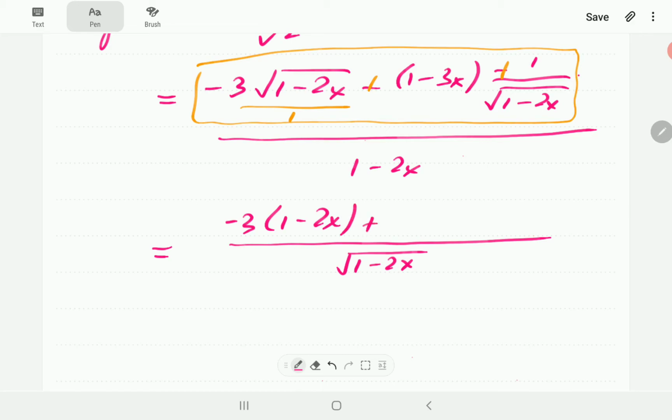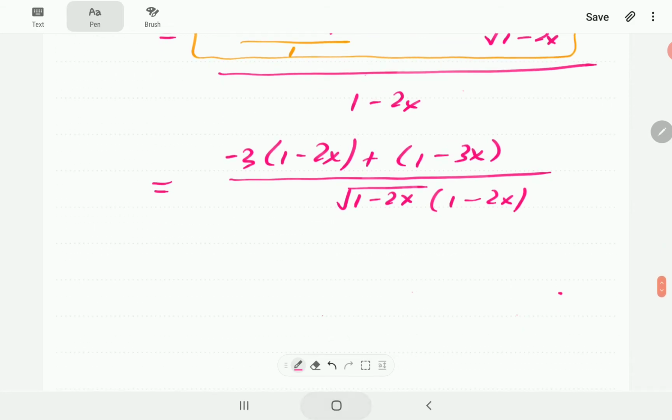This sign is now plus because of the minus there. This goes here once, so that's just going to be 1 minus 3x. And then if you remember your fractions well, this is going to come into the denominator. So then in the numerator we have got -3 plus 6x plus 1 minus 3x.